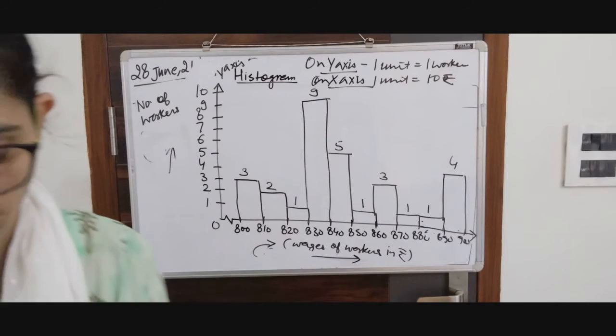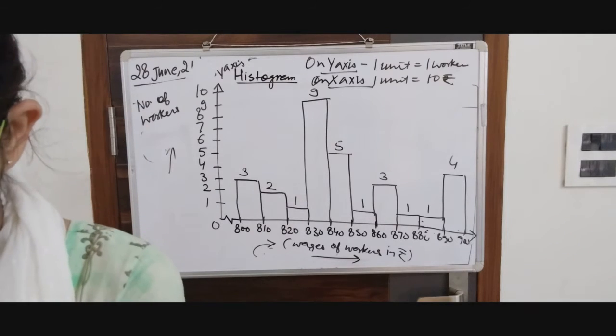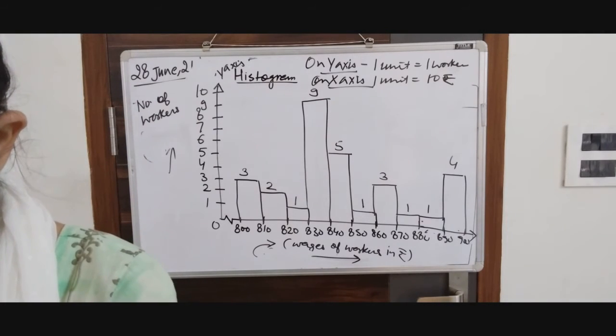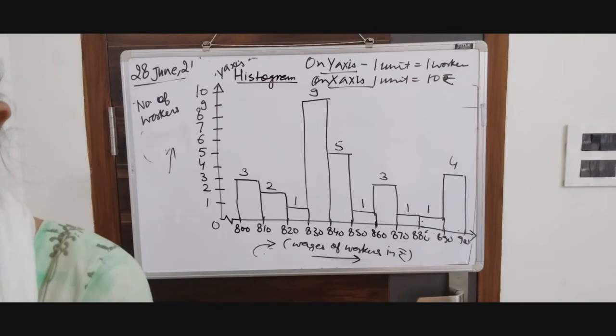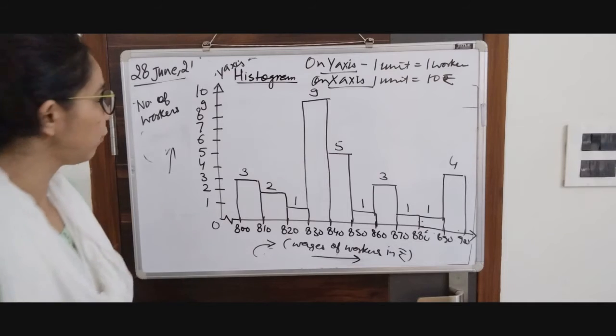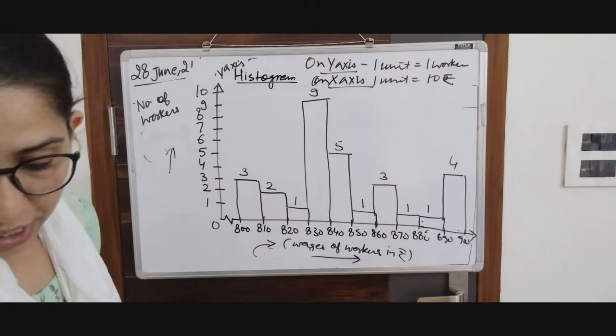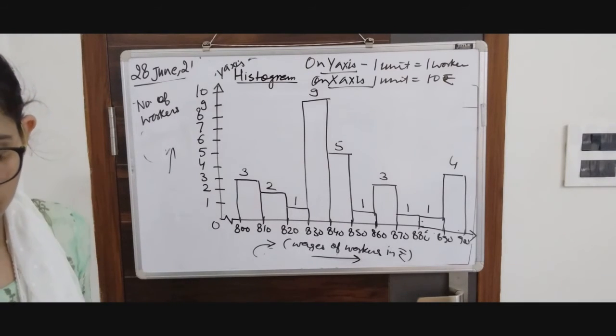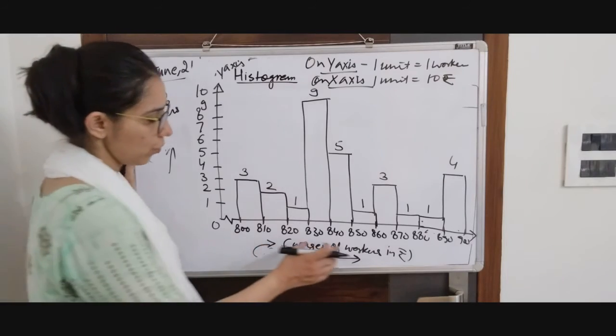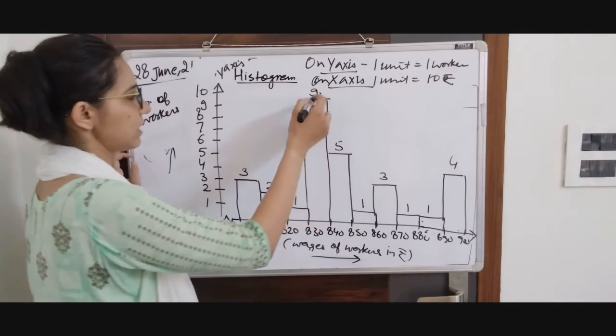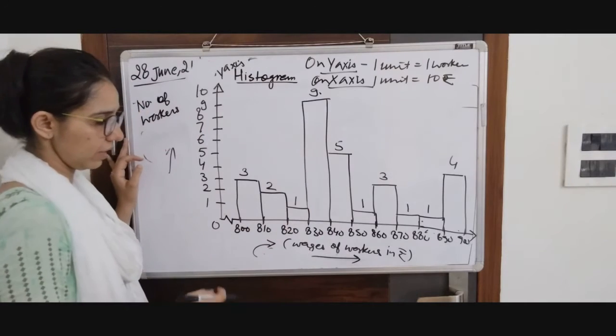Now we are going to move to the next question. We have a few questions from 4. Which group has the maximum number of workers? You can see that this bar has the greatest height.